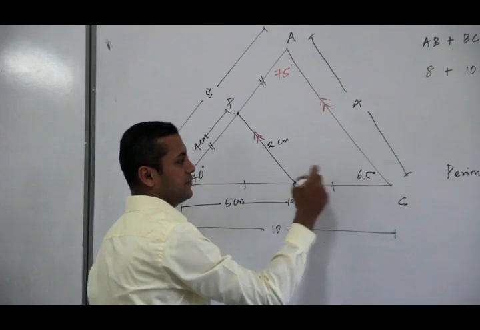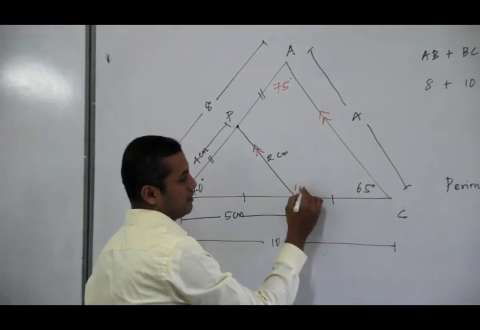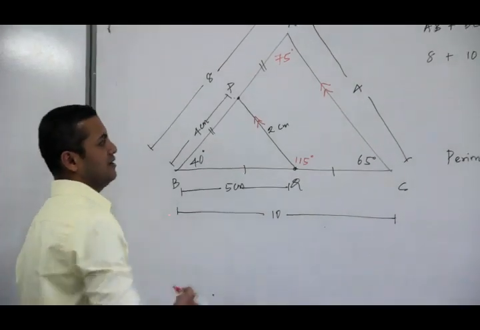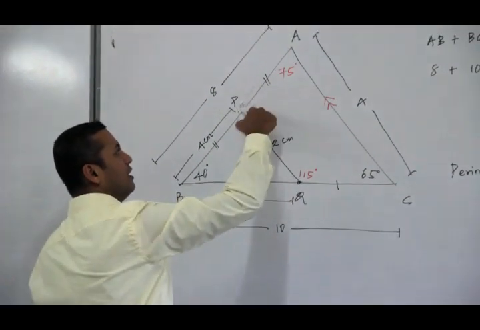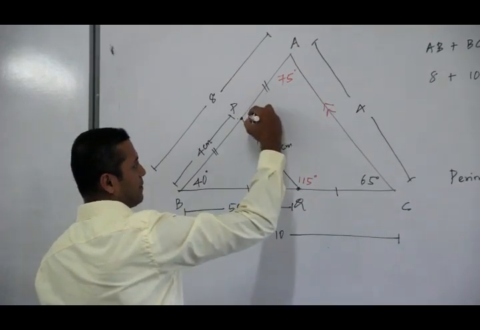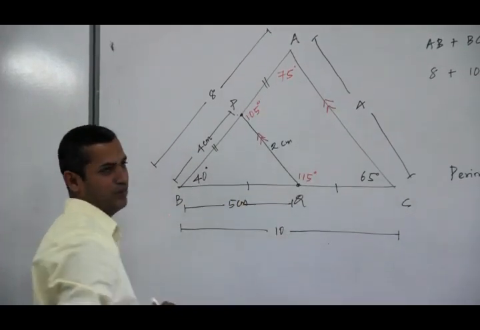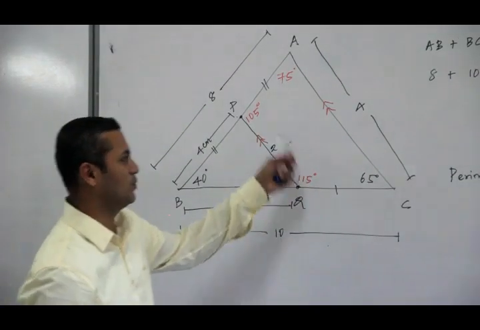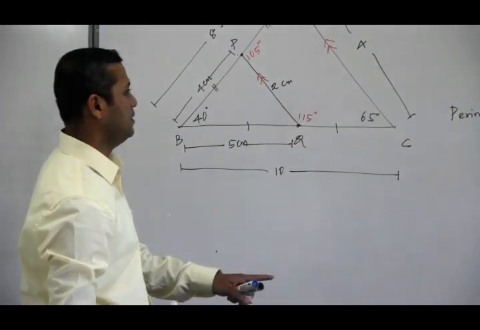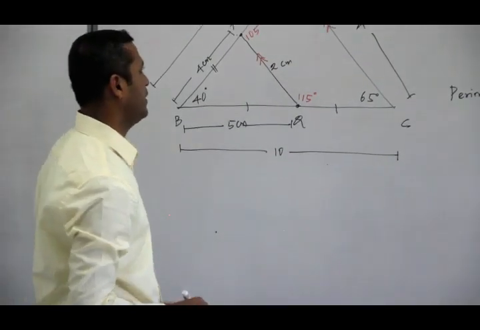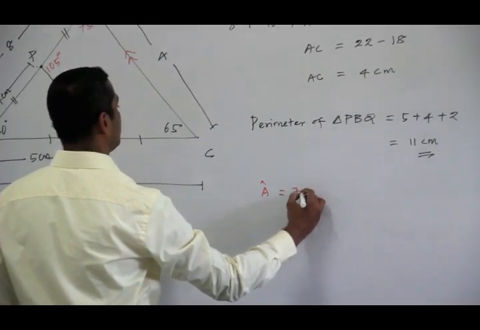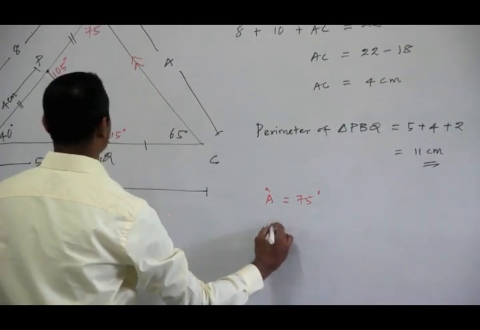Sum of allied angles is 180. If this is 65, this will be 115. Got it? Similarly, sum of these two will be 180. Then this will be 105. Hope you understood. Then we found the remaining angles of P, Q, C, A. Angle A equals 75 degree.